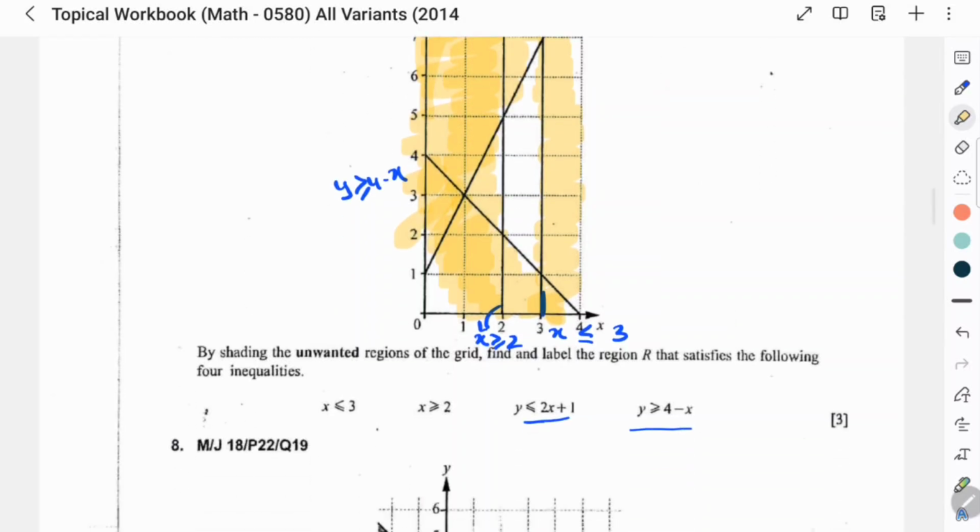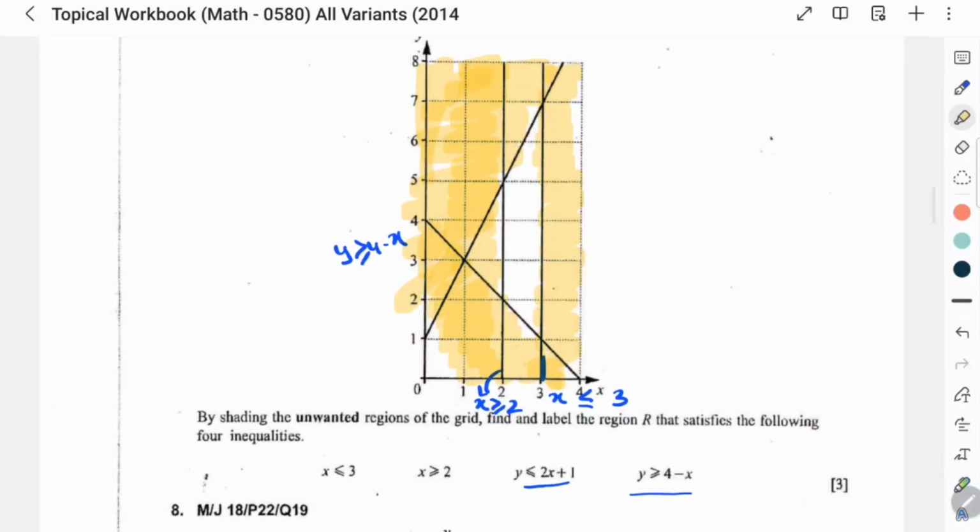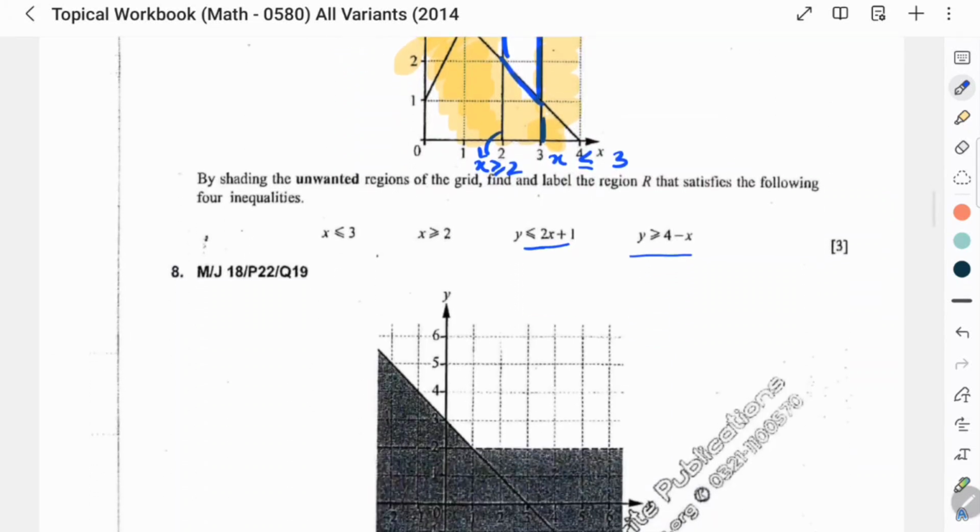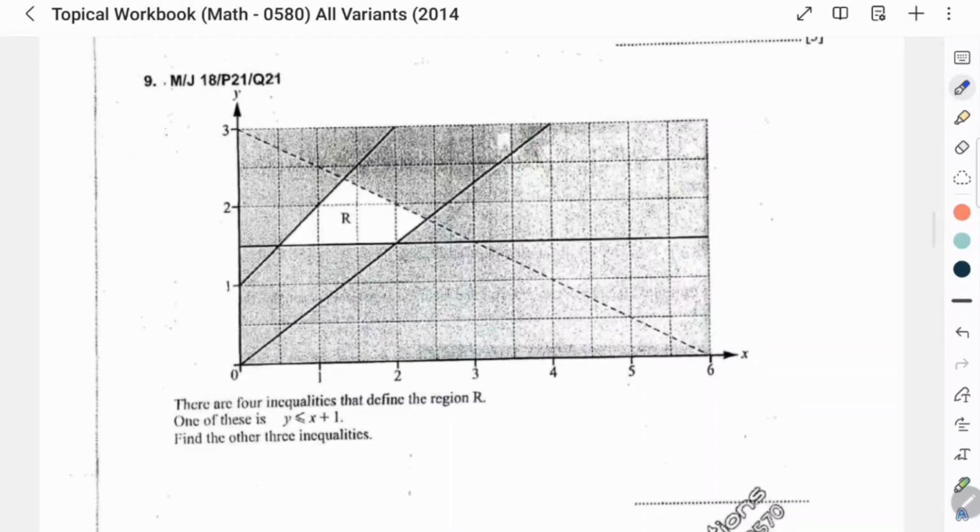Okay, so you can easily see the region is this much. This is the region.